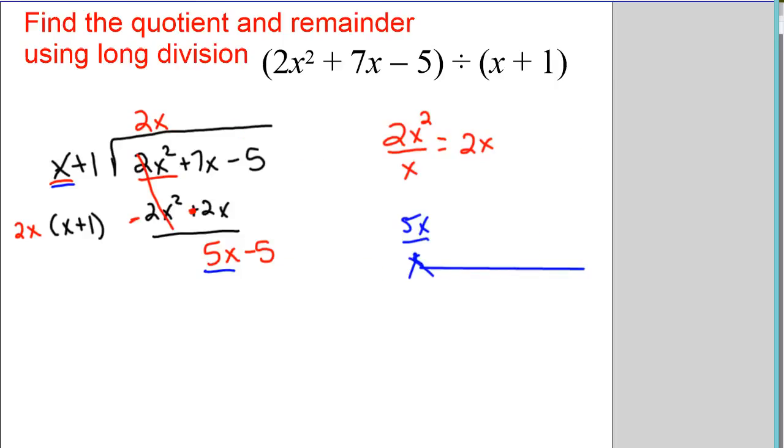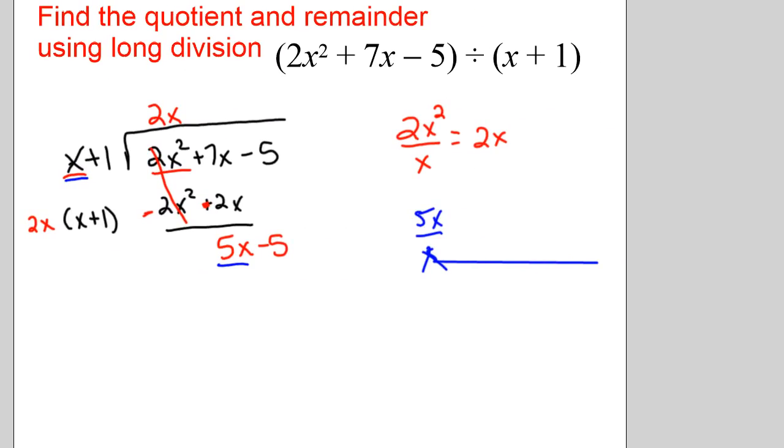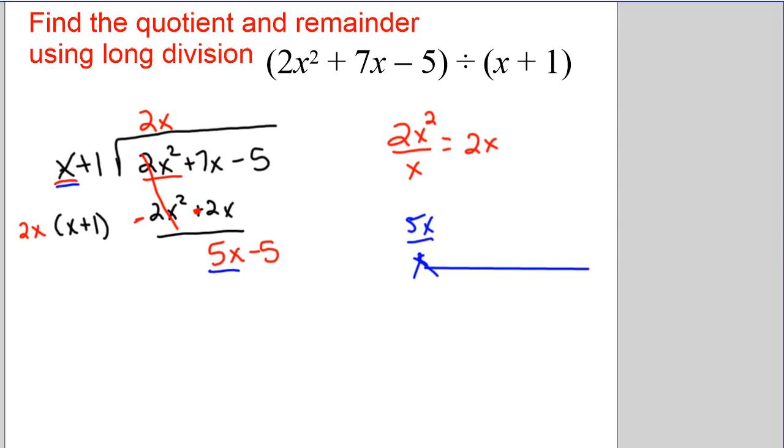And I say, what's 5x divided by x? Well, I don't know why that's happening. I'm going to have to fix that. So what's 5x divided by x? Well, that simply cancels to the number 5. So that's the number that I'm going to write up here. It's a plus 5. And down here I'm going to distribute the 5 into the x plus 1, and I get 5x plus 5.